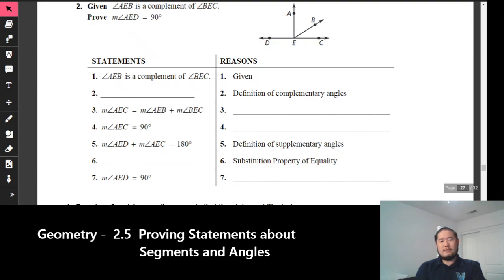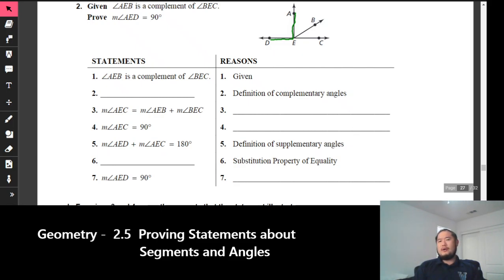So we always want to start off with what's given. And so that's why statement 1, angle AEB is complement of angle BEC. Now my goal is to try to prove that angle AED, this angle right here to the left, is equal to 90 degrees. Okay, so let's try to think.